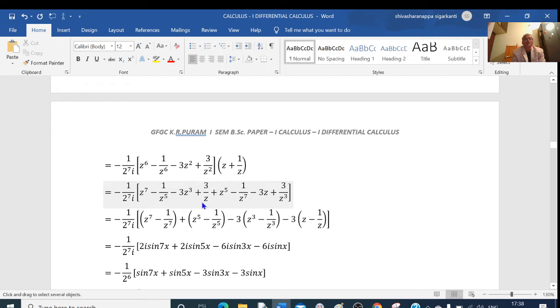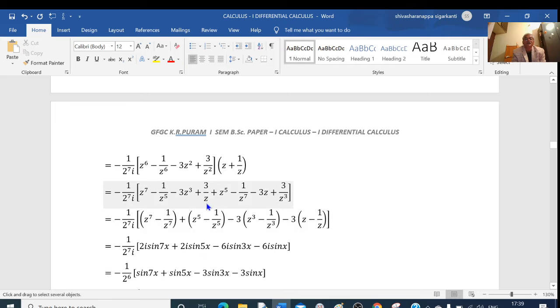Okay. Now grouping the terms here, z raised to 7 terms and 1 by z raised to 7 terms on one side, z raised to 7 minus 1 by z raised to 7. z raised to 5 terms are there, this z raised to 5 and 1 by z raised to 5. I will write this as z raised to 5 minus 1 by z raised to 5. And z cube term and 1 by z cube term.